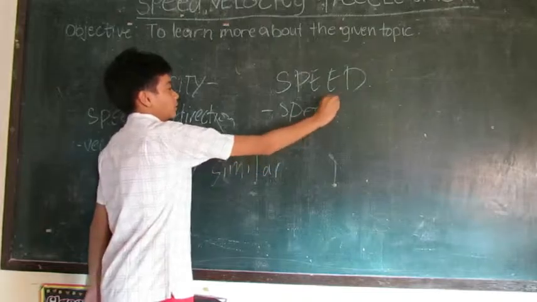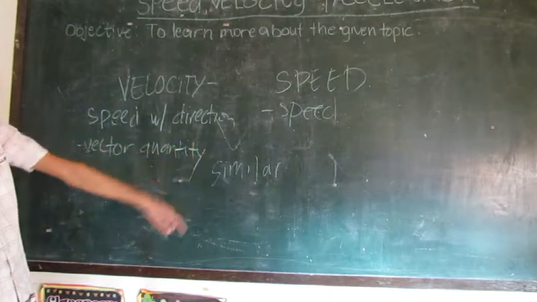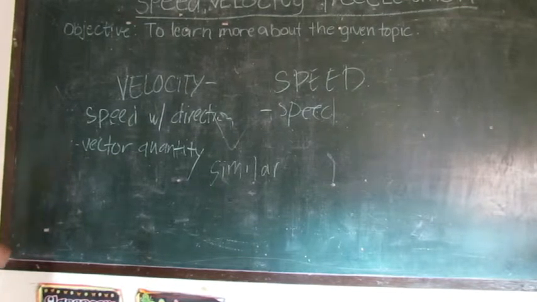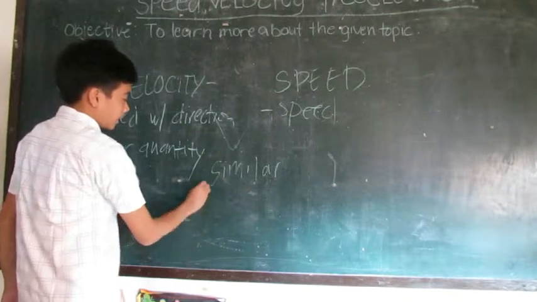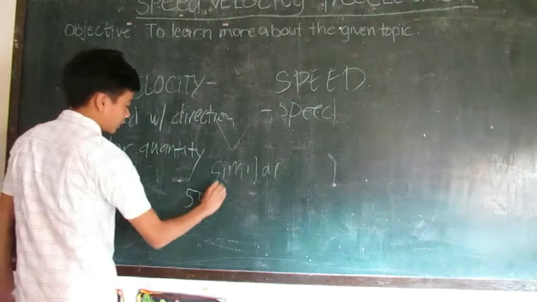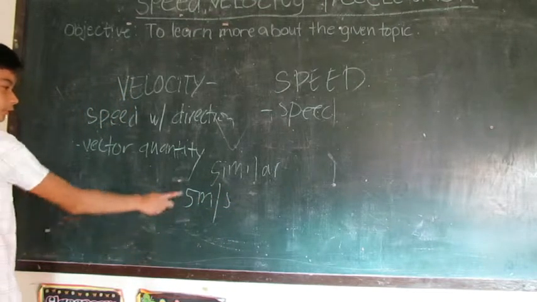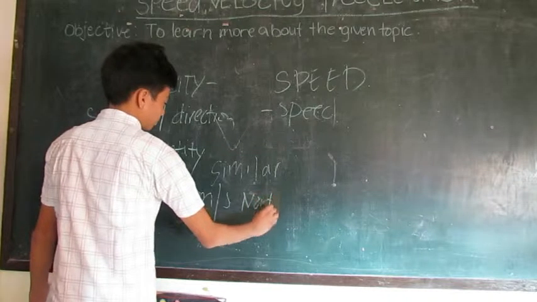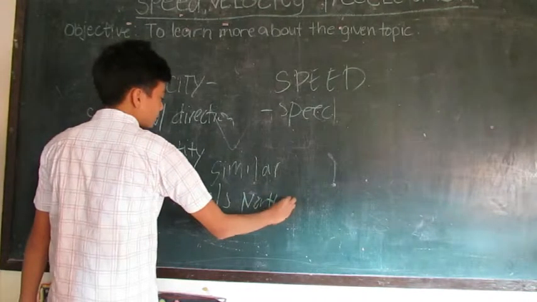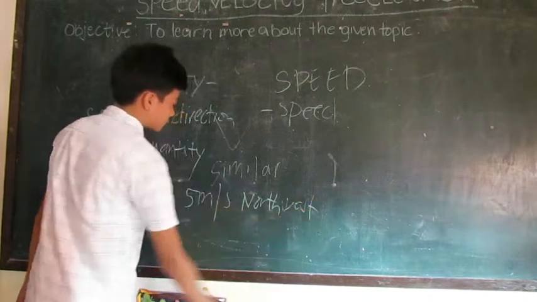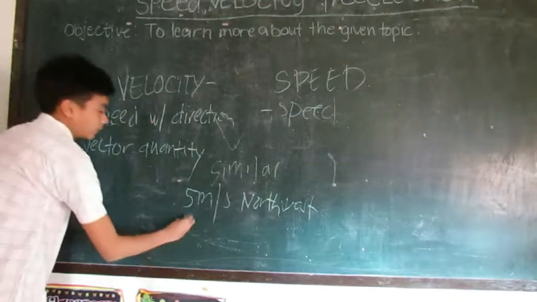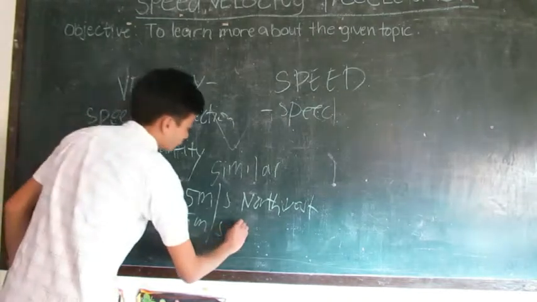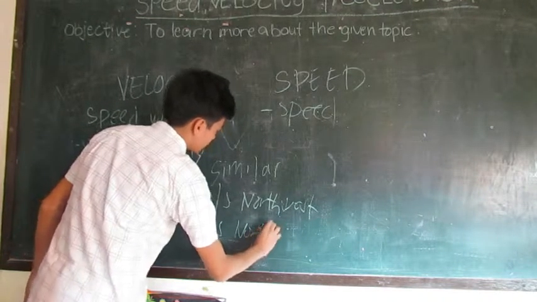So that's the difference of velocity and speed. For example, a velocity of 5 meters per second going to northwest is different to 5 meters per second going to northeast.